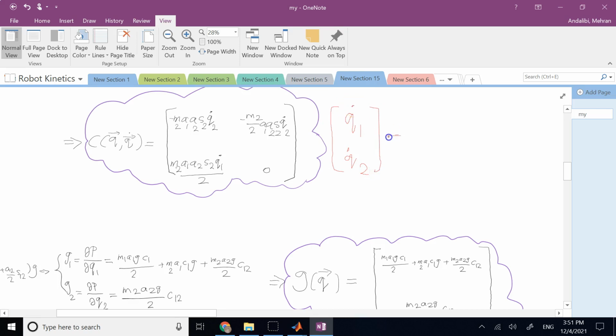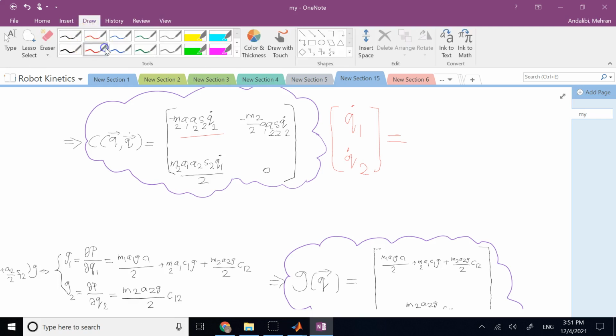So if you do it with Q1 dot, this element is multiplied by Q1 dot, that element is multiplied by Q2 dot, and the same thing for row 2 happens. So let me write them down for you. Okay. Do one cleanup here. Write it nicely.